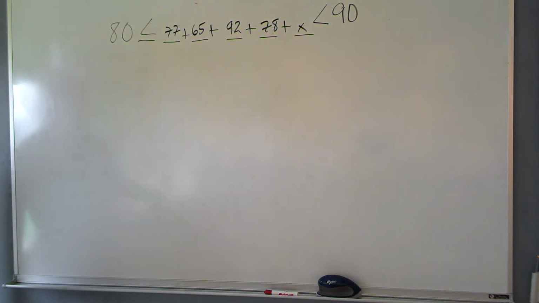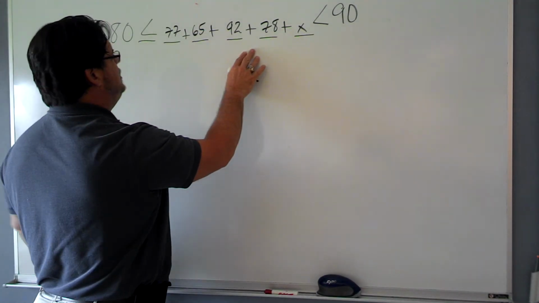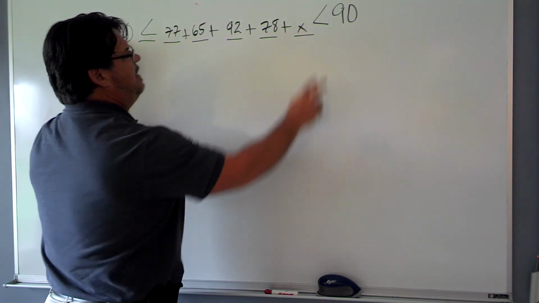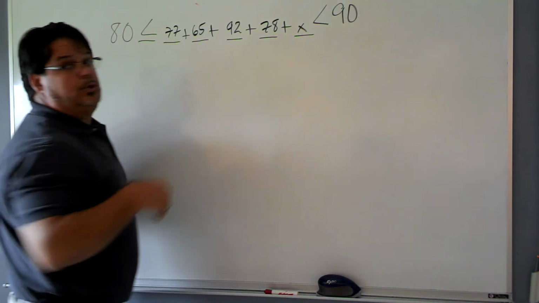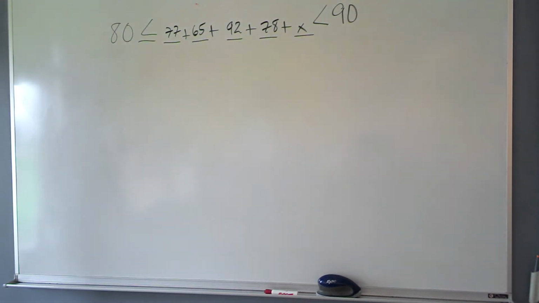Now, if I add all these up, that will give me a total points. Just like if I multiply this by 5 and multiply this by 5, that will give me a total points, right? Some teachers will not do it by grades, they'll just multiply by points.